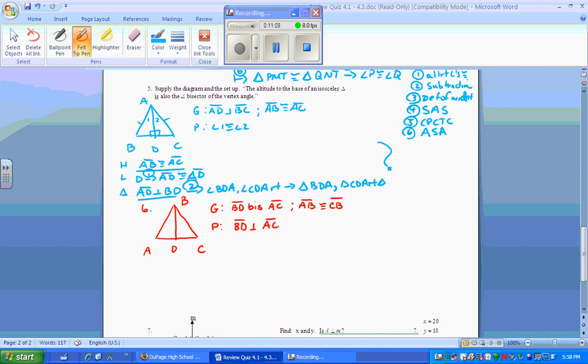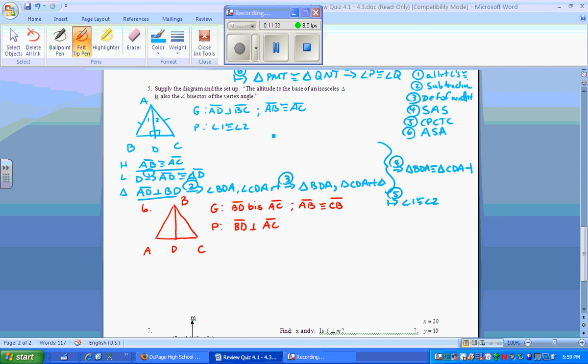All that together gives us triangle BDA congruent to triangle CDA. That's reason 4. Ran out of room, but we finished up. Reason 5, angle 1 is congruent to angle 2 because of CPCTC.